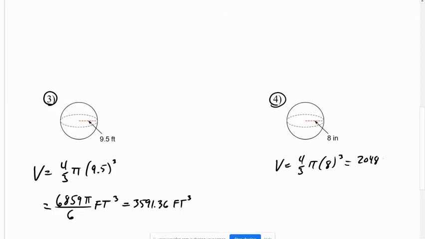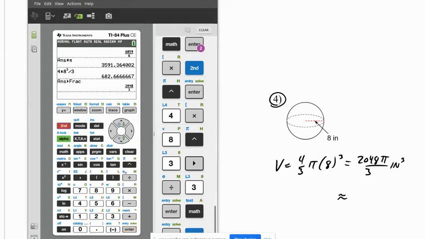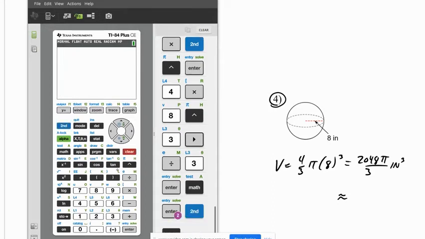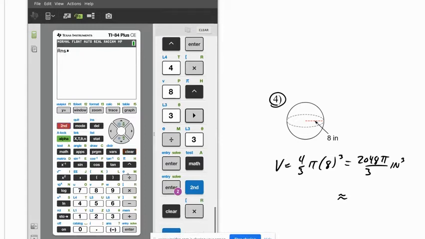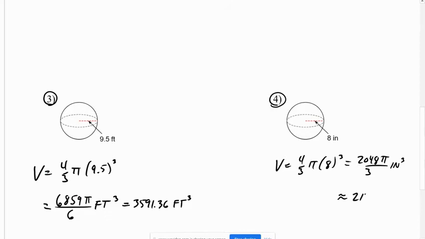So 2048 pi over 3 cubic inches. And that is about 2144.66 inches cubed.